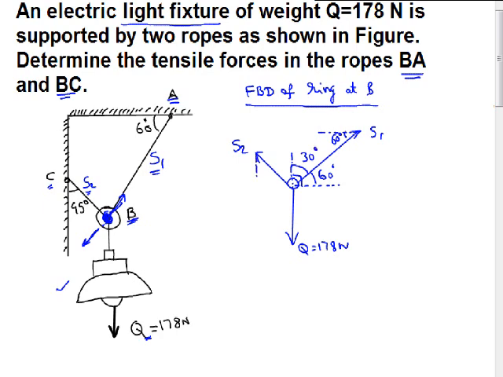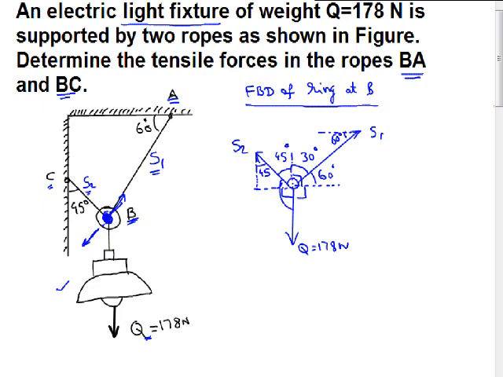Similarly, try to show the other angle given. This is 45 degrees, and thus this is 45 degrees, and if you complete this little triangle, this angle will also be 45 degrees, and we know this is right angle, this is right angle. So we know all the angles between the forces.